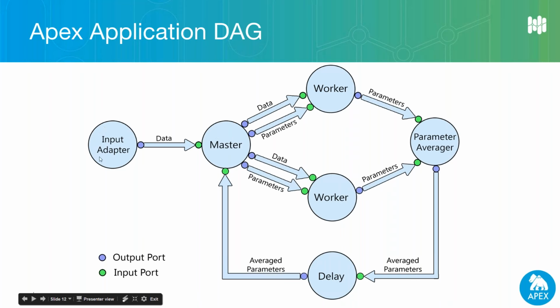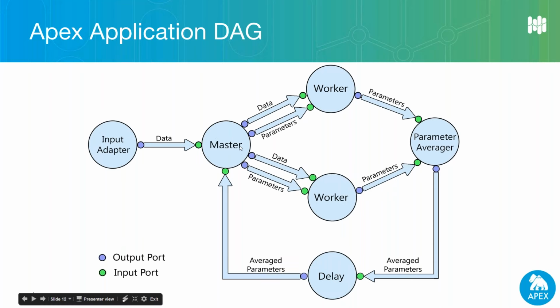Here you have the input adapter, which reads all the data from outside systems. Your input data could be available in files, or it could be coming from queues like Kafka or JMS, or any other data source. As I mentioned, we have the Apex Malhar library, where you have a lot of such operators already written. You can just use them in your application.